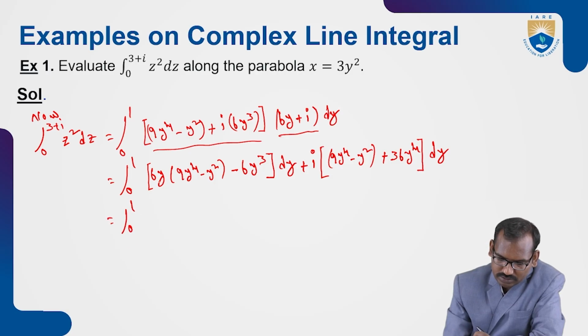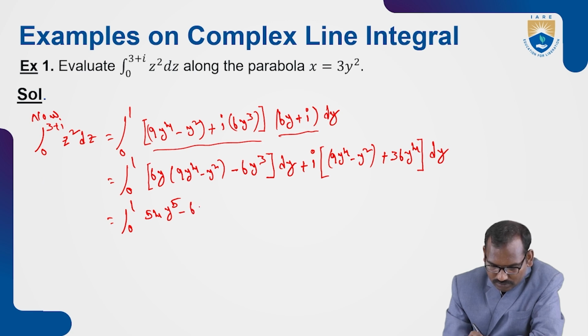Here it is 54y to the power 5 minus 6y cube minus 6y cube dy, plus i times.